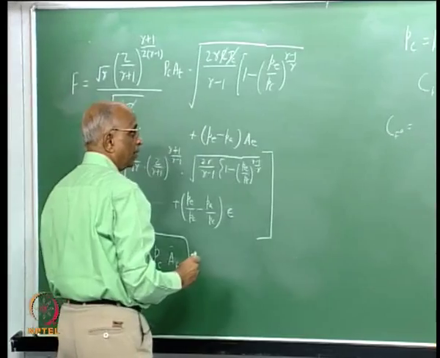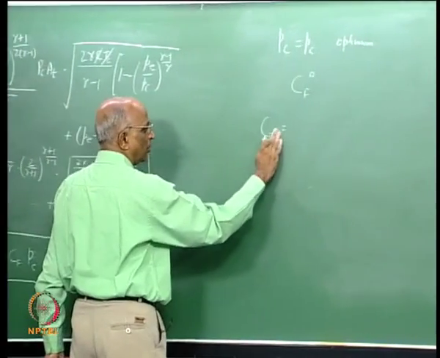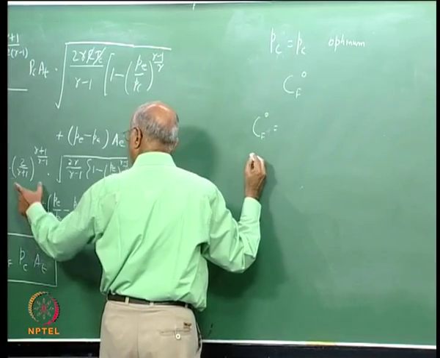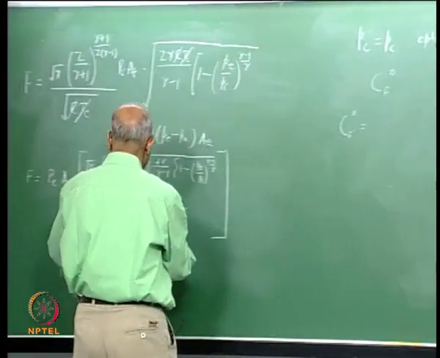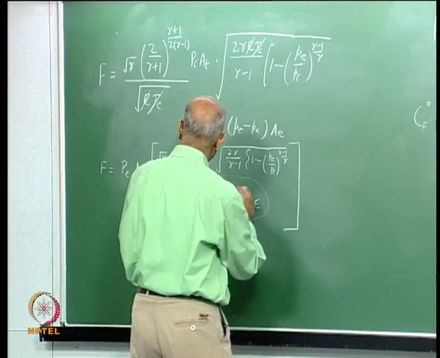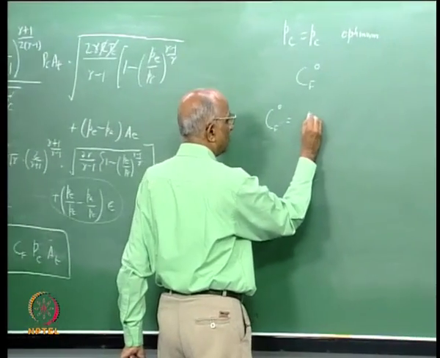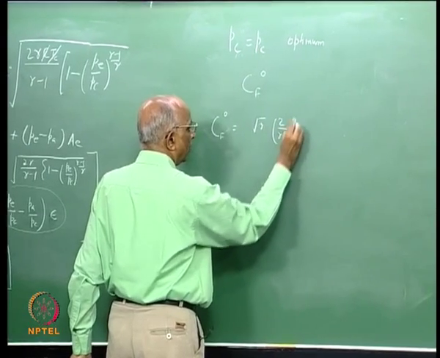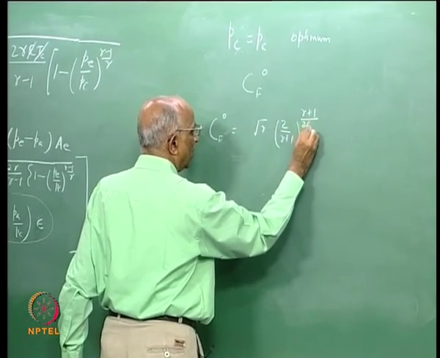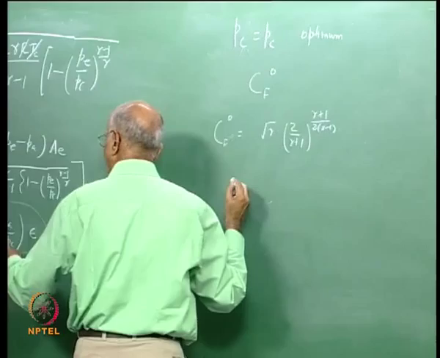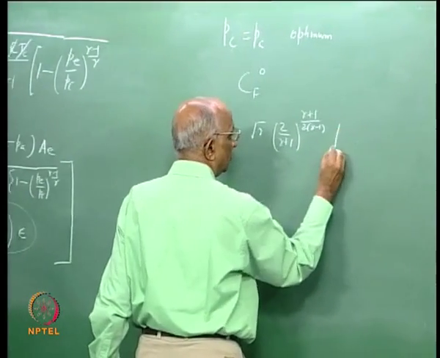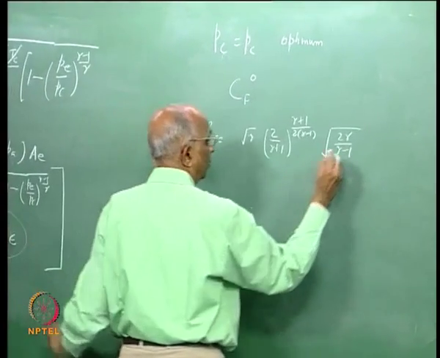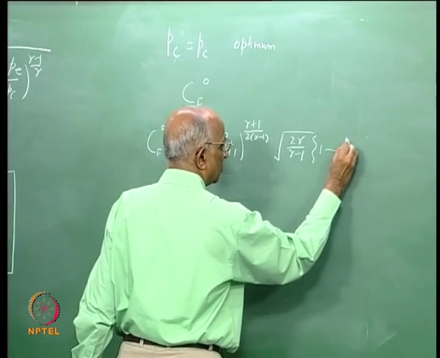I just write the whole expression other than this particular term which goes to 0, and I get Cf0 is equal to under root gamma, 2 over gamma plus 1 divided by 2 gamma minus 1 into, I have the value of under root 2 gamma by gamma minus 1 into 1 minus Pe by Pc.